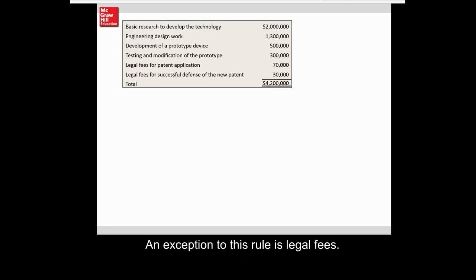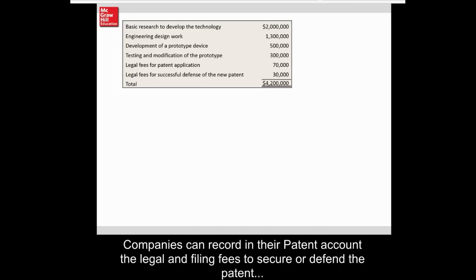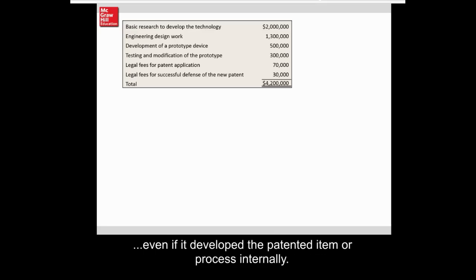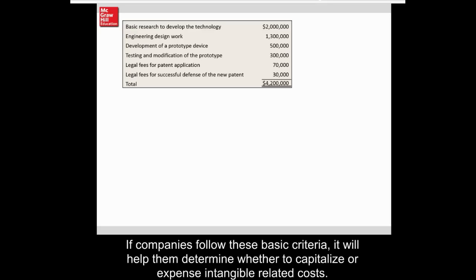An exception to this rule is legal fees. Companies can record in their patent account the legal and filing fees to secure or defend the patent, even if it developed the patented item or process internally. If companies follow these basic criteria, it will help them determine whether to capitalize or expense intangible related costs.